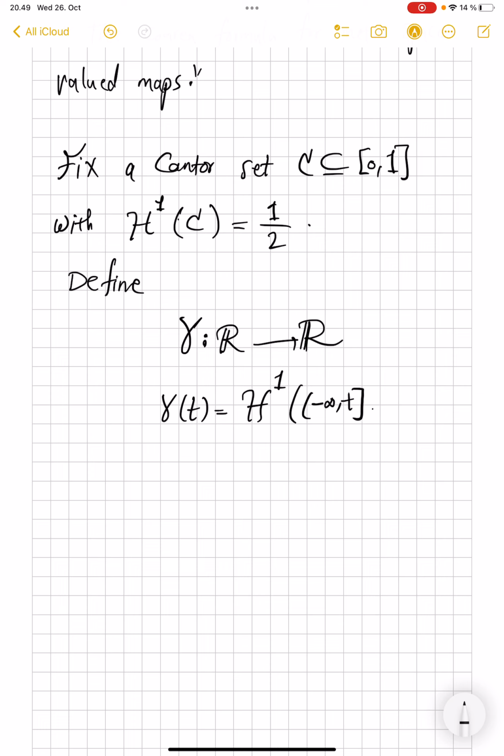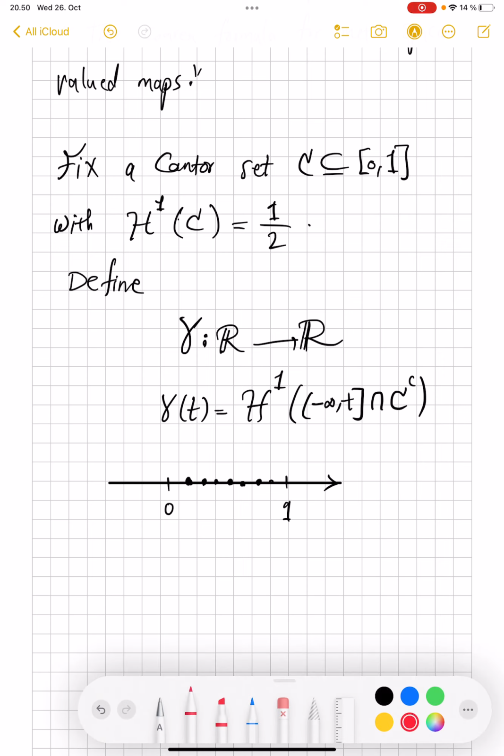So gamma of t will be how much of the complement of C lies before t. So nothing special going on here. So your Cantor set is somewhere here. We know that it's totally disconnected. It doesn't contain any interval, but magically it does have a significant measure, in this case equal to 1/2.